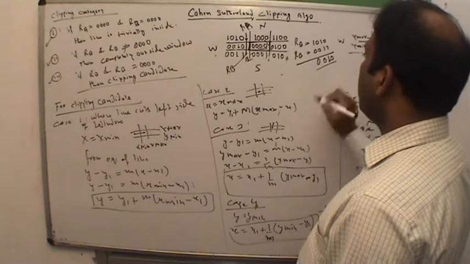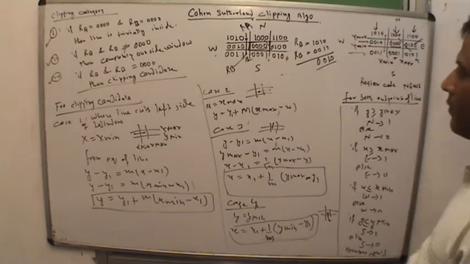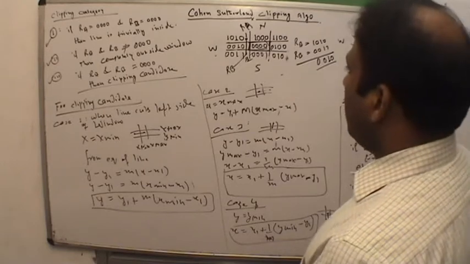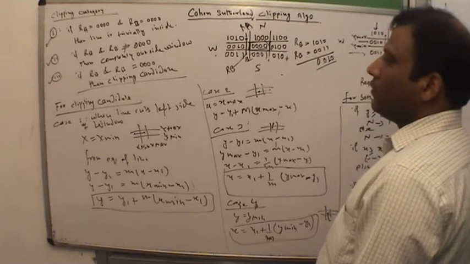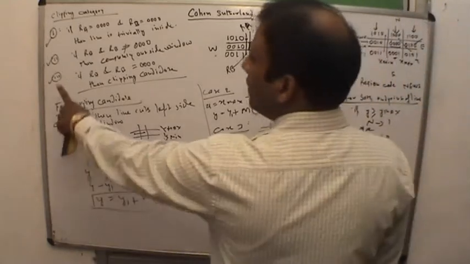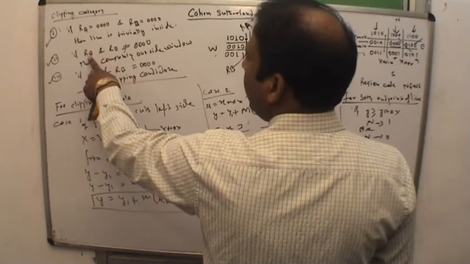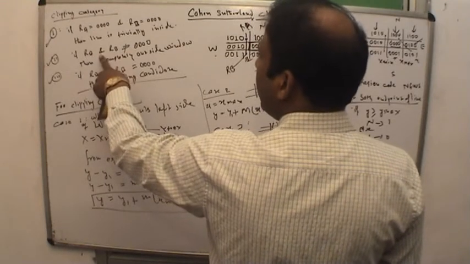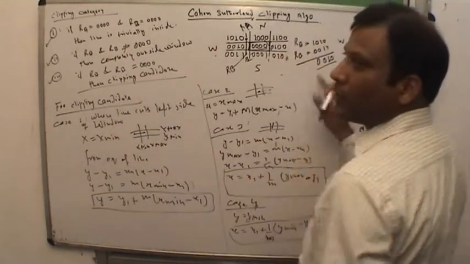So we get the value 0010. So we are in the second category, because when we apply logical AND operations on region code A and region code B, we get a value which is not equal to 0000.